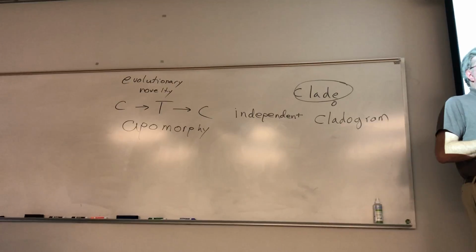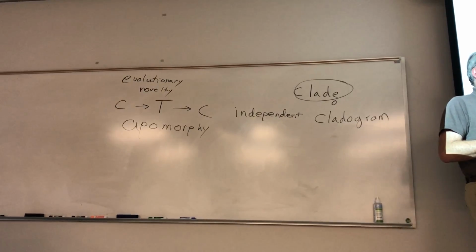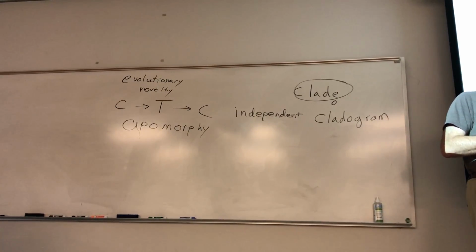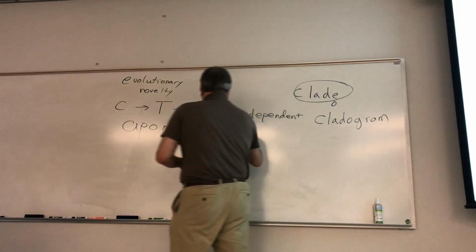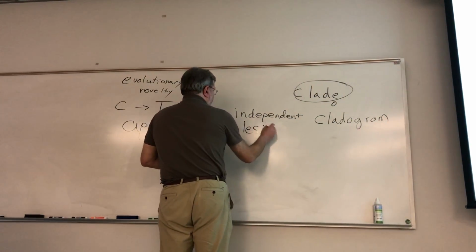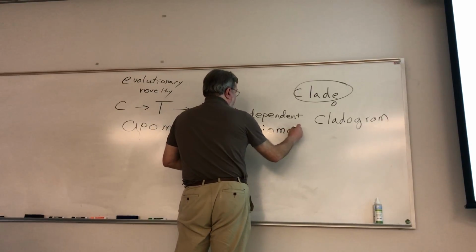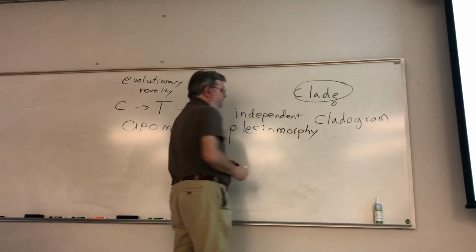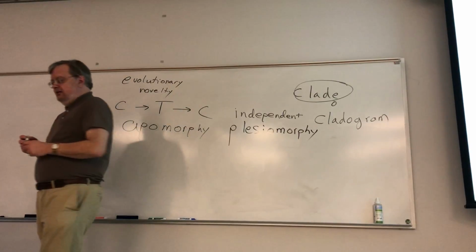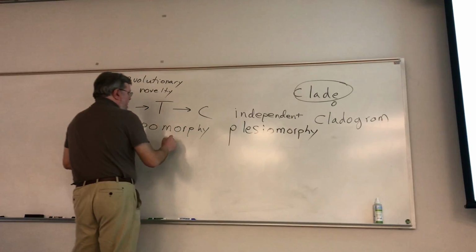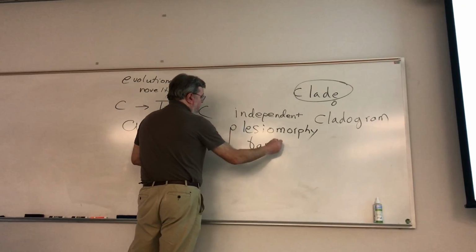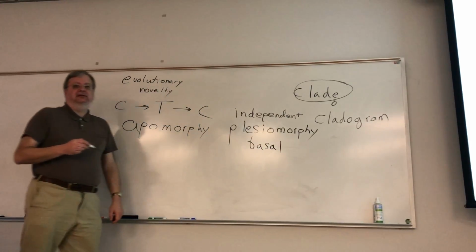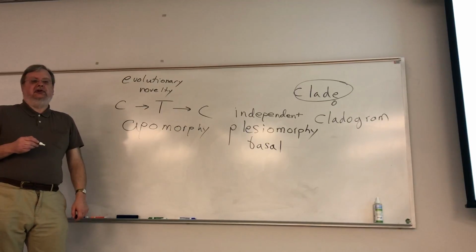The more ancestral transitions that are before, in ancestral history, before the node, are called plesiomorphies. They are more basal. Sometimes they're also called primitive, although that's not a particularly good term.